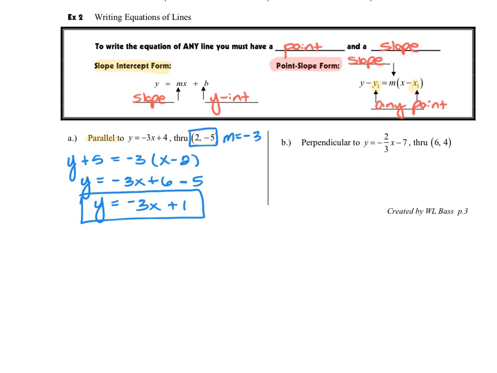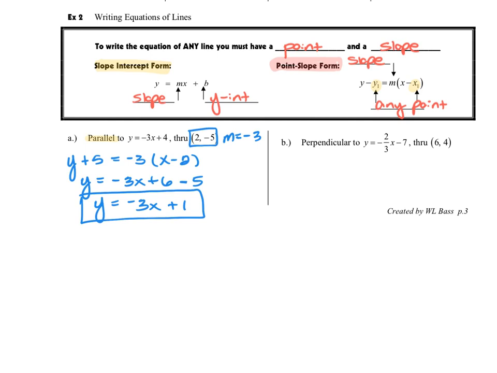I can't explain why, but the number of students that get this wrong when they try to use that technique is overwhelming. So I'm just telling you, this form is not only a little more useful for us, it tends to have fewer errors, even though it looks more complicated, and you need to know how to use it for your future math classes.